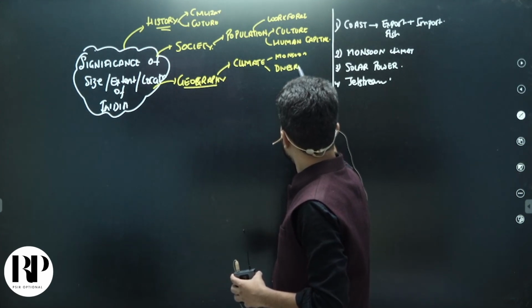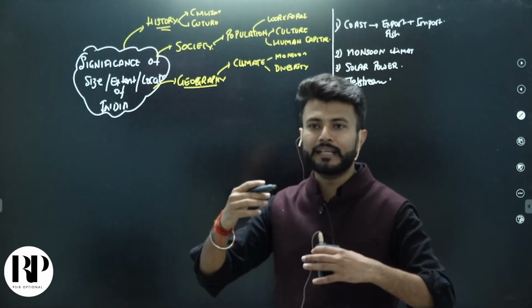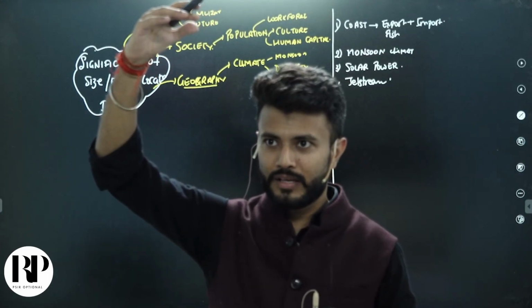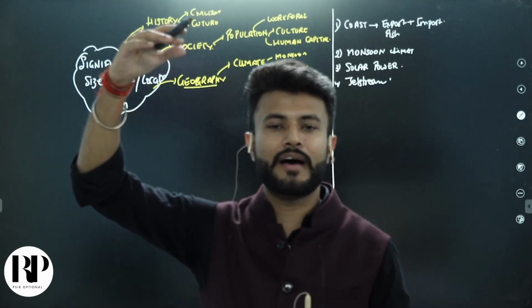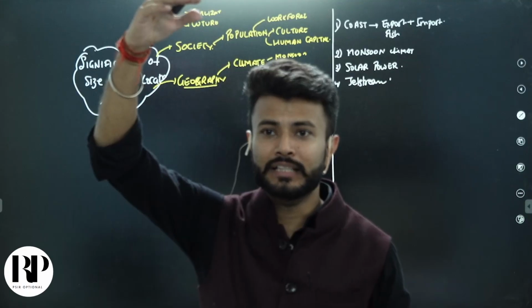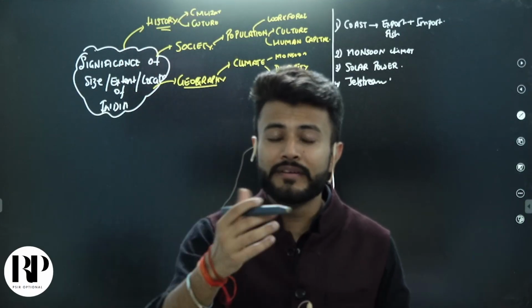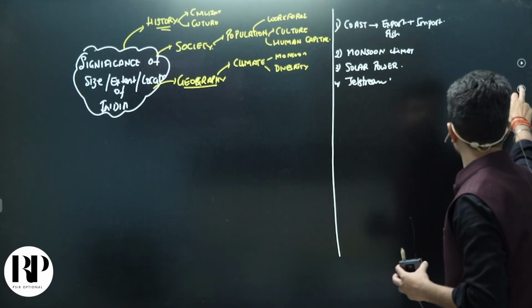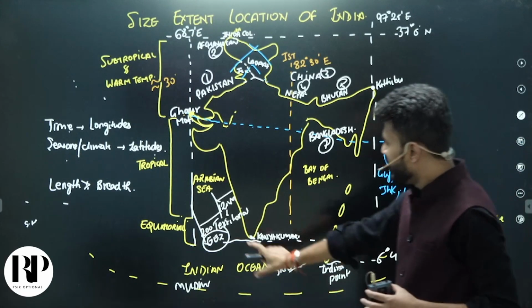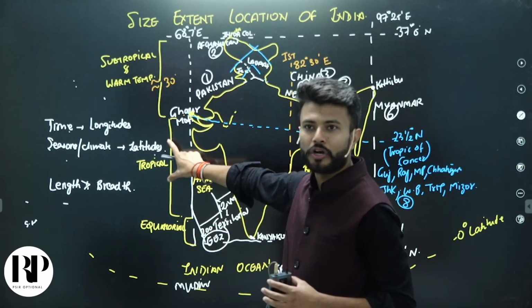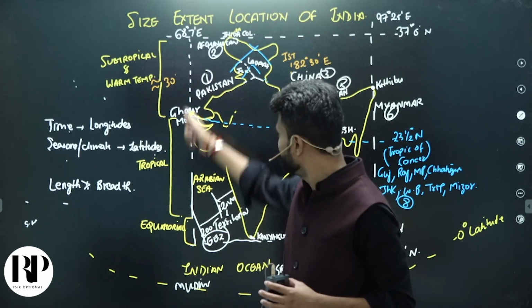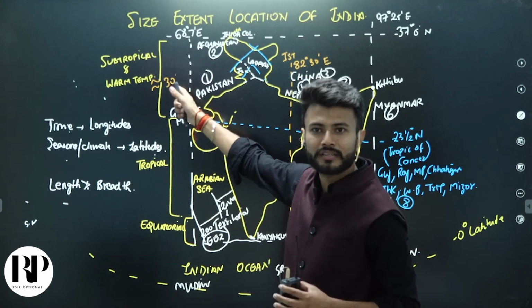Why? If India did not have a large latitudinal extent, then there would not have been variations in the climate. We saw in the previous slide, here you have equatorial, then tropical, then subtropical and warm temperate. Why? Because of the huge latitudinal extent, right?